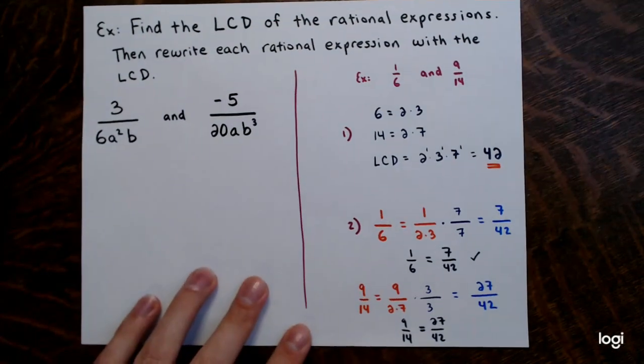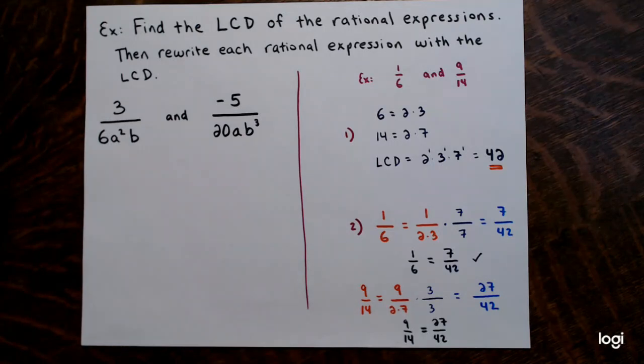And again, if you wish to double check this, a quick check would be to take the cross products. 9 times 42. If you break it up, distribute, 9 times 40 would be 360, plus 9 times 2 would be 18. 360 plus 18 is 378. And you can double check that indeed 27 times 14 is 378 as well.